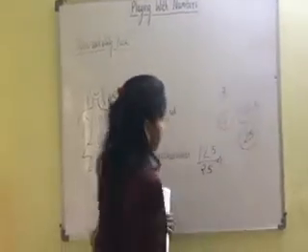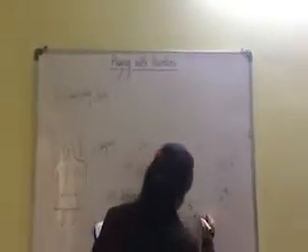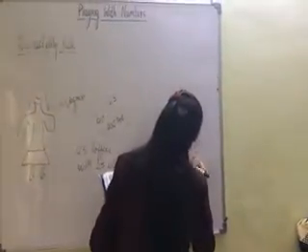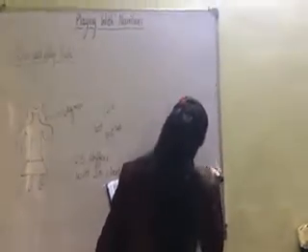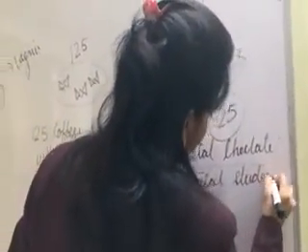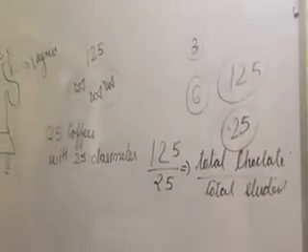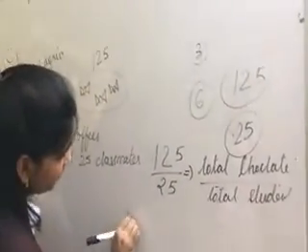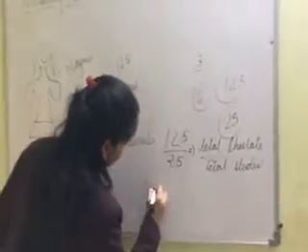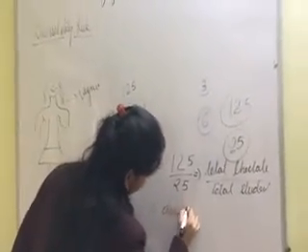Means she did division of total chocolates by total students. When she did that, she got 5 as the answer. Means 5 chocolates to each.